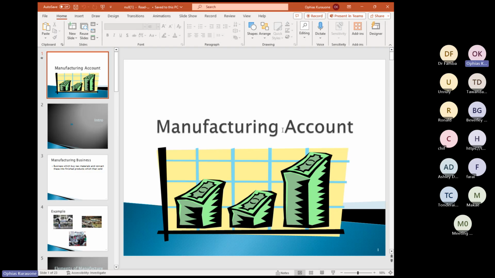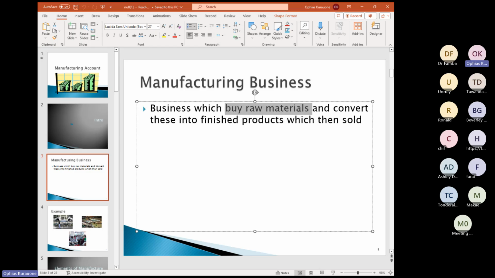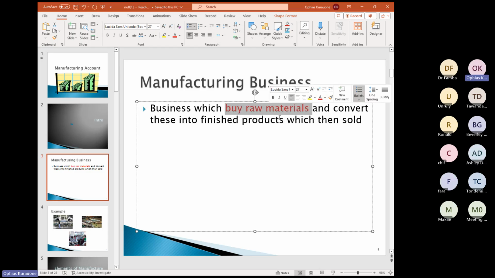We want to look at the manufacturing account to understand that when you're manufacturing, usually the business buys raw materials. For example, if you are in the soap industry, they might buy raw materials such as oil, perfumes, or other ingredients which are needed.